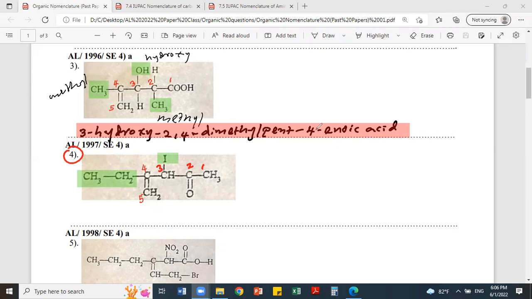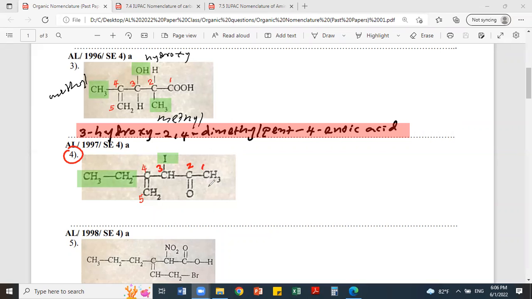2 one. It should be... no. Shortest one means you have to write... No, that one you don't. You can't take the shortest one because the name should end with the suffix of the functional group. 2 one should come last because that is the functional group, the ketone.